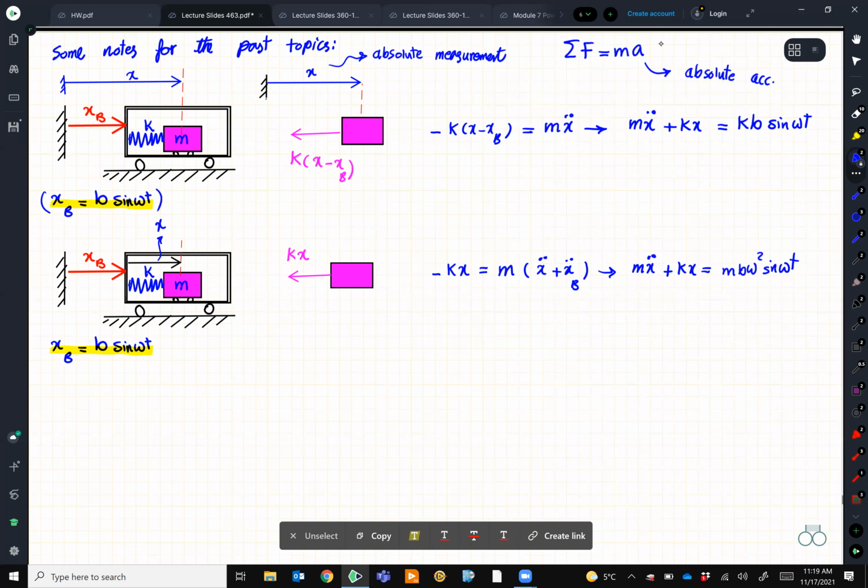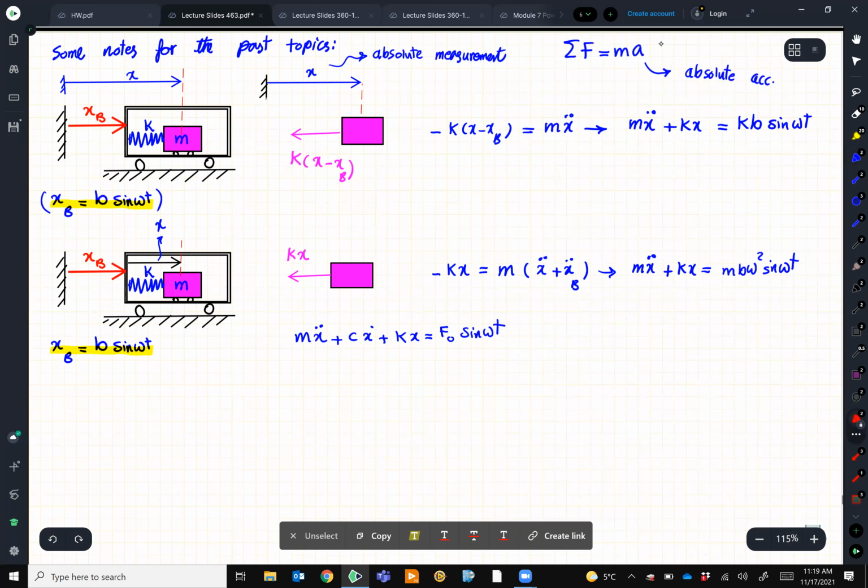So two equations, their forms are different. Remember, in vibration, we always need to get to that standard equation that we have. This was our standard equation: m x double dot plus c x dot plus kx equal to F0, sine or cosine doesn't matter, omega t.